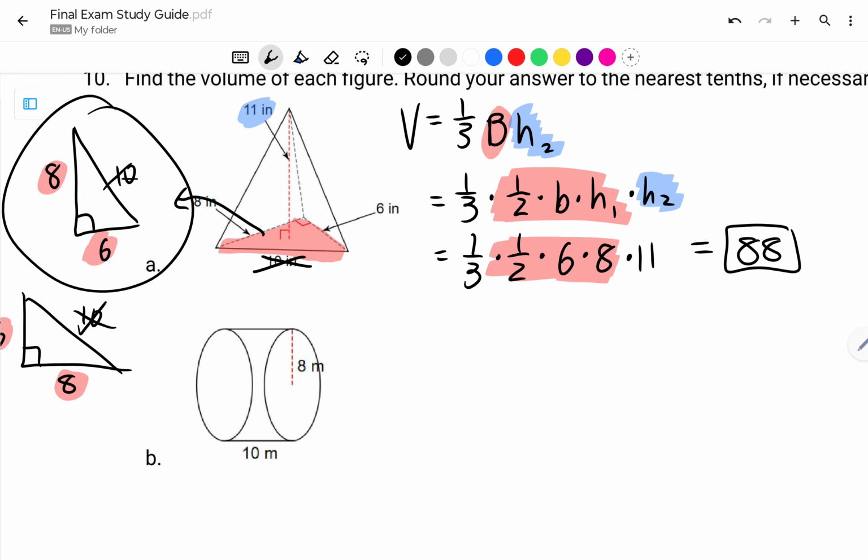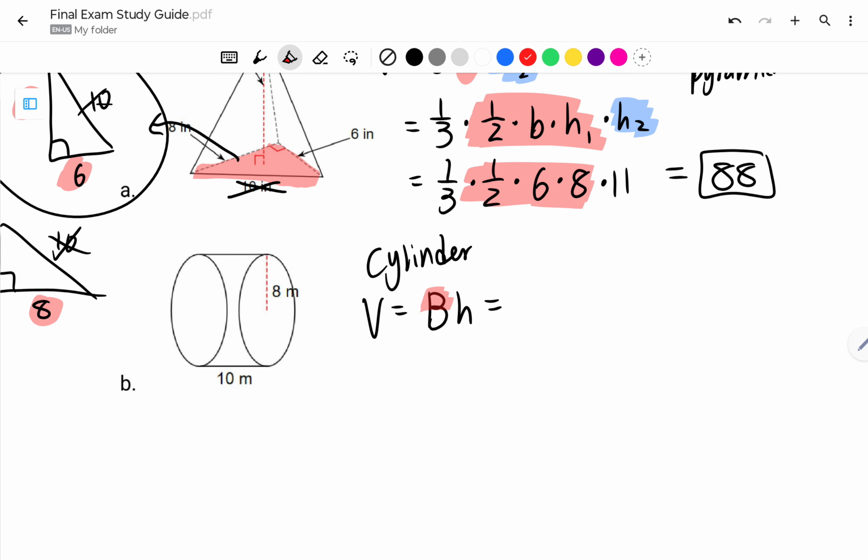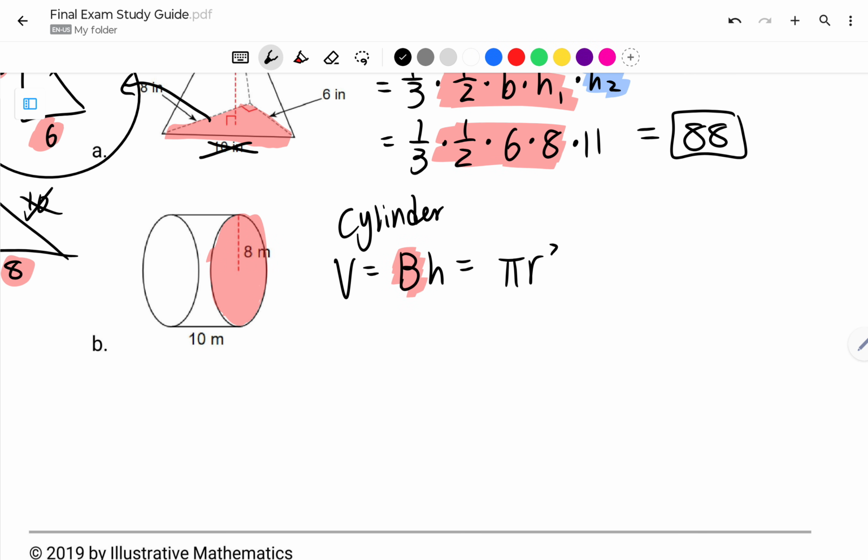Okay, next one. This is a cylinder. Ooh, I should put the names. Triangular pyramid. This is a cylinder. The volume of a cylinder is capital B times H. Again, what's the area of the base? My base shape is a circle here. The area of a circle formula is pi r squared, okay?